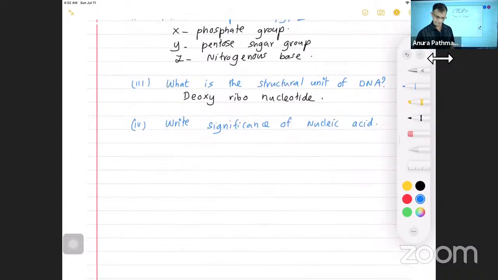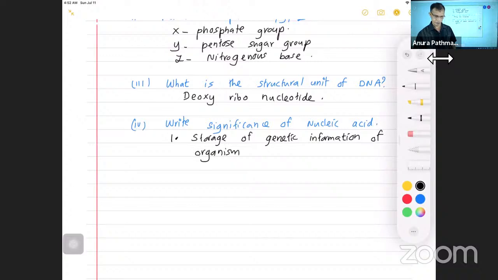One, the storage of genetic information of organisms.